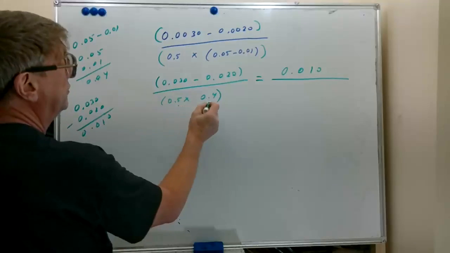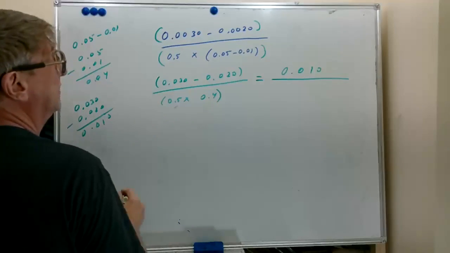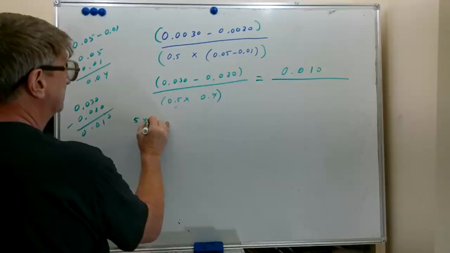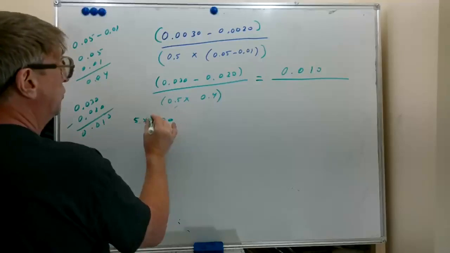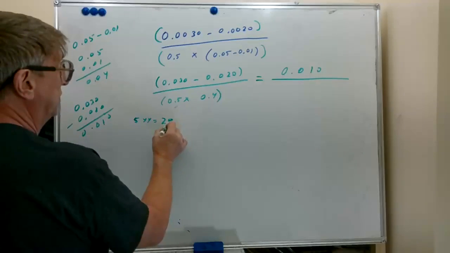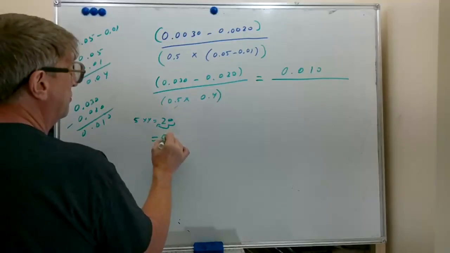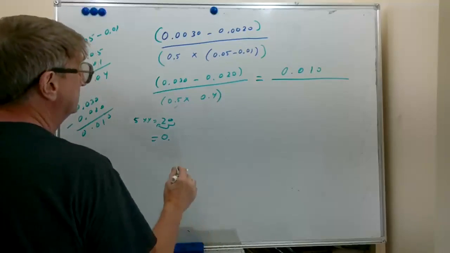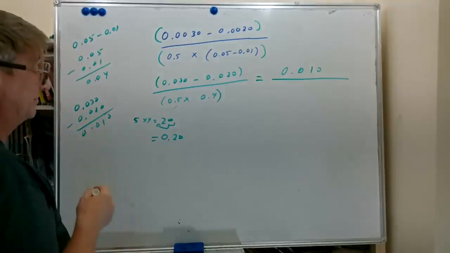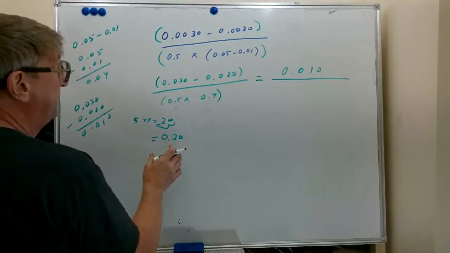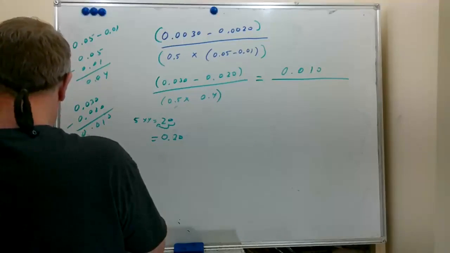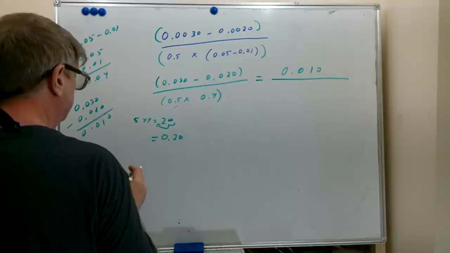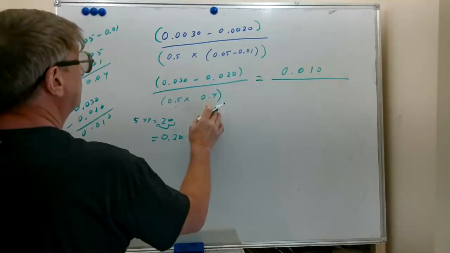Now let's do this multiplication. Well, how many decimal places? 1, 2. We're going to have 2 decimal places in our answer. 5 times 4 is 20. We put 2 decimal places in that. We start 1, 2. So that's equal to 0.20.